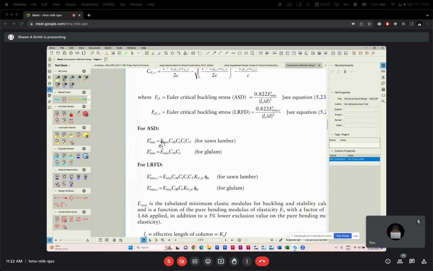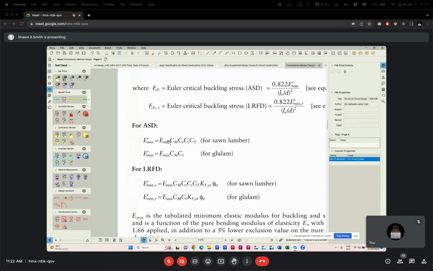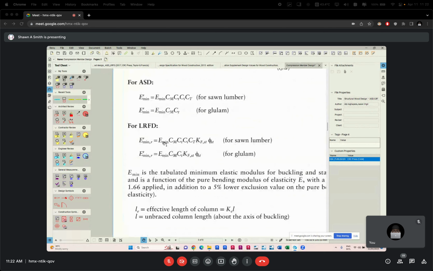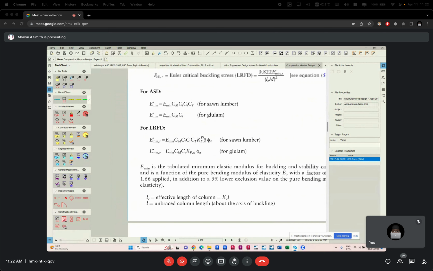We know to get it from the value from the table already. We convert it to this by applying these factors, and that's for sawn lumber, which we mainly stick to, and these are for glue laminated members. And that's ASD. And for LRFD, similar scenario, where we have E min from the table and we apply these factors, for sawn lumber.